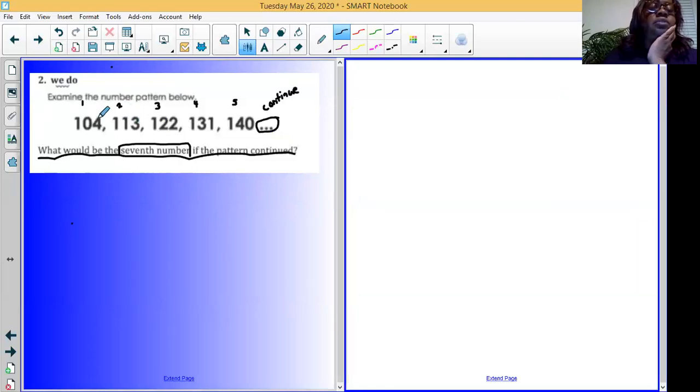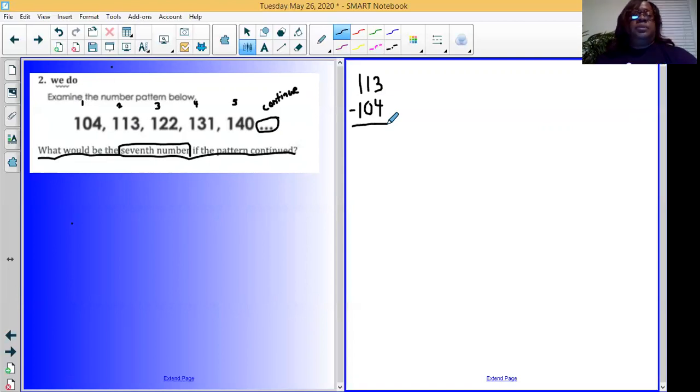Well, what did I do to get from 104 to 113? So what I need to do is write down 113 and subtract the number in front of it, which is 104, so I can figure out what I did to get from 104 to 113. So 104 from 113. I'll pause right there and let you do that.